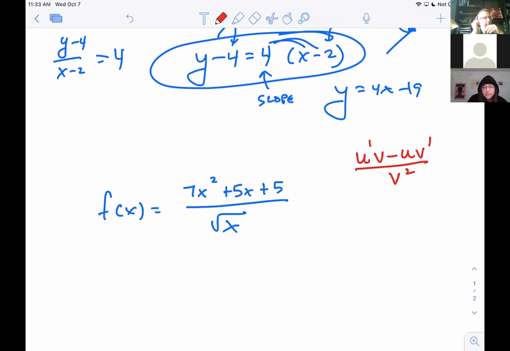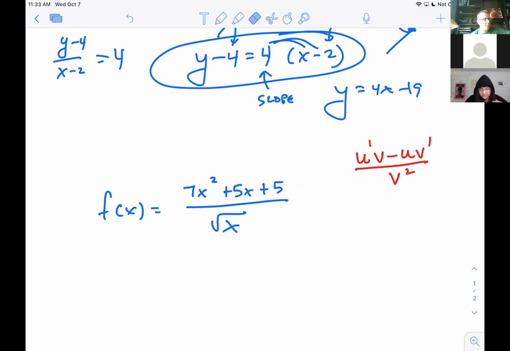In other words, I think it's better to practice it as it is, but if you move that x to the 1/2 up to the top, it would become x to the negative 1/2, then you can think of it as big junk times junk. So now it's a product rule question. It actually doesn't make it any easier, but some things do.